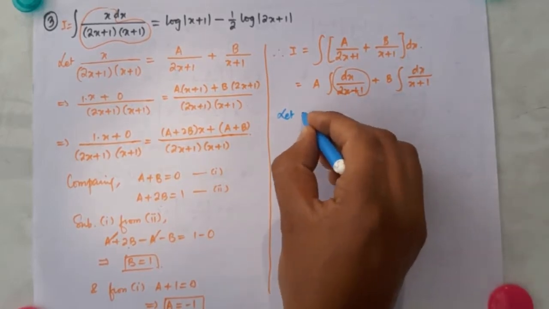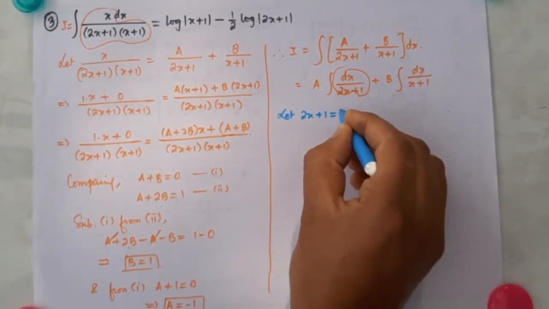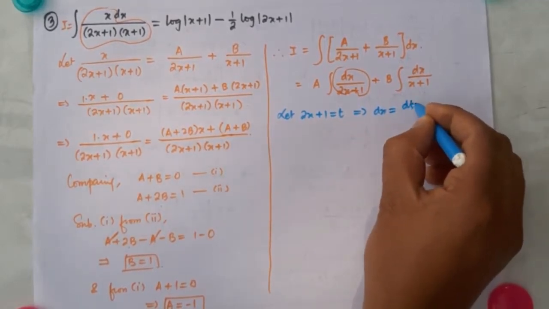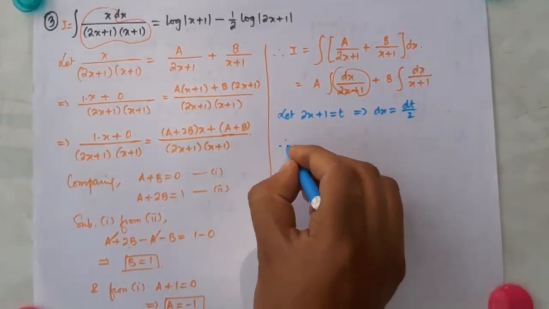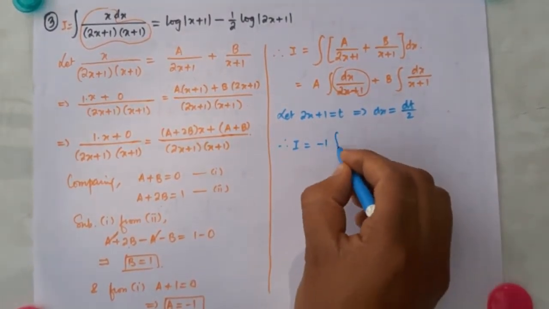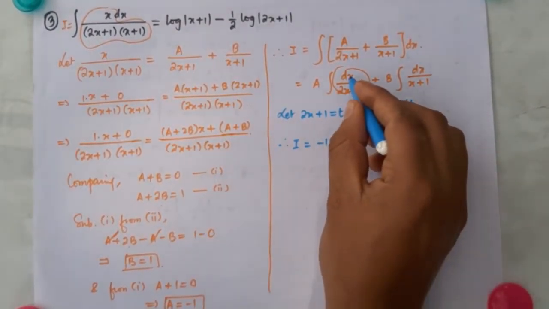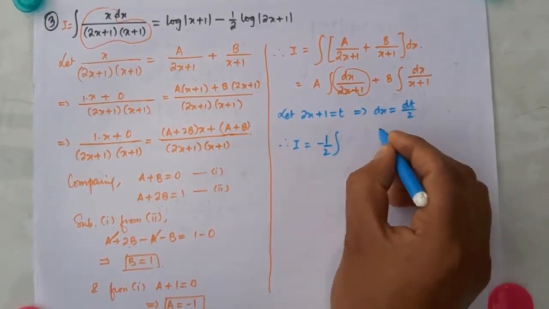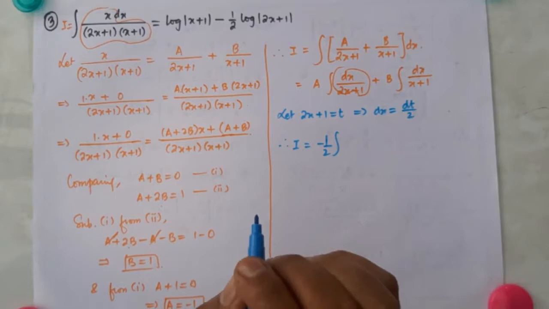So let 2x plus 1 is equal to t. So from here you get dx is equal to dt by 2.